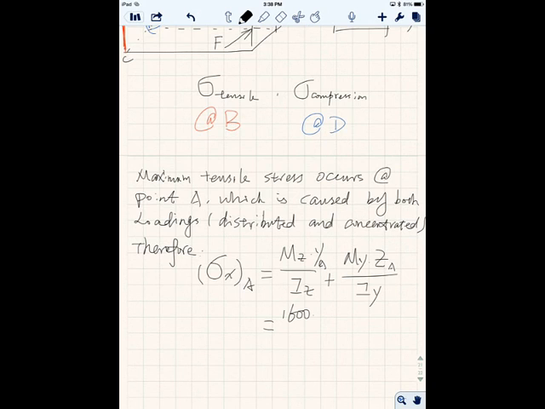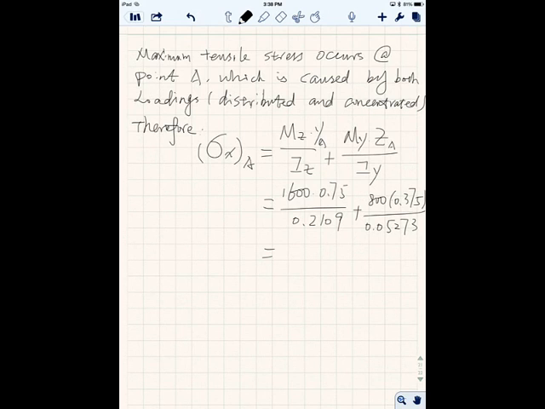Y, half distance to the neutral axis, is also what we calculated. Iz, we have the number 0.2109, plus My 800 times z at A, 0.375, Iy 0.05273. So equal to 11,380 Pascal.